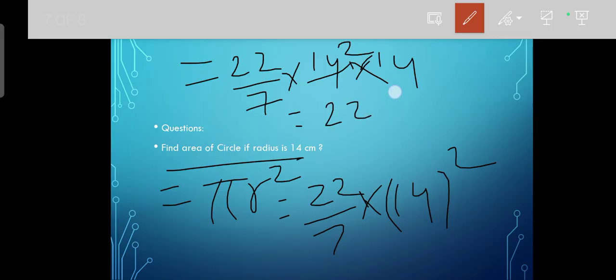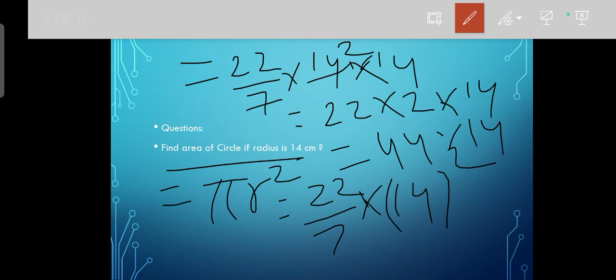Now we multiply 22 into 2 into 14. 22 into 2 is 44, into 14. 44 into 14 is 616 centimeter square, because area is always in square units. That's why we write at the end 616 centimeter square.